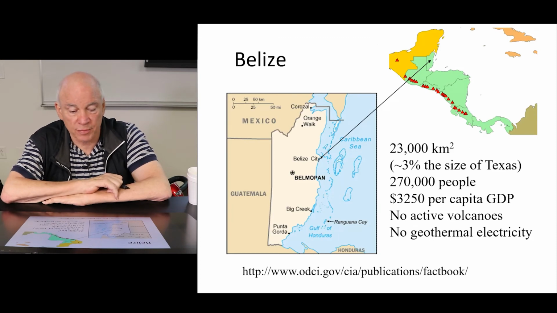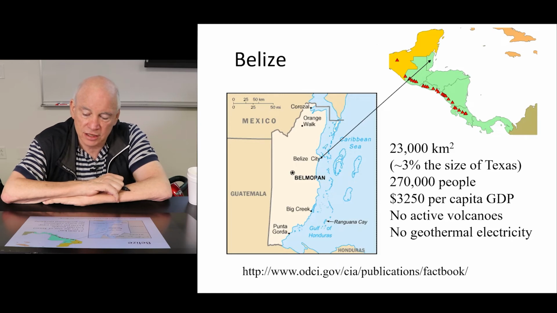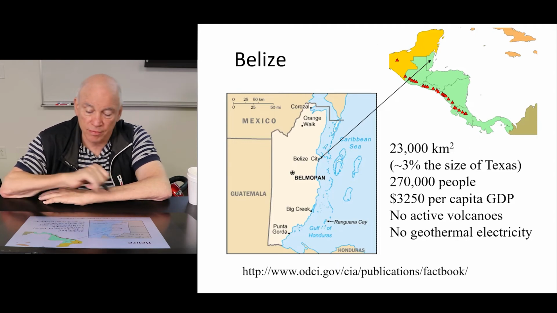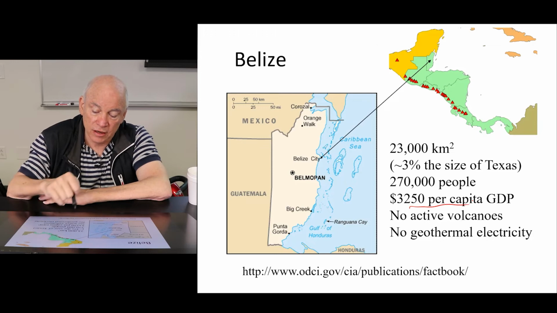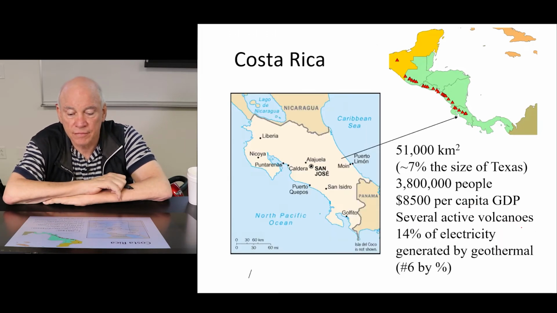So let's start off with Belize. It's a very small country, about 3% the size of Texas, with about 250,000 people, relatively low per capita GDP, no active volcanoes, no geothermal electricity.